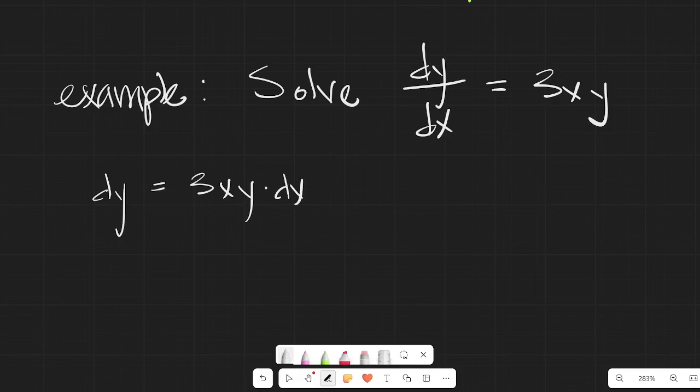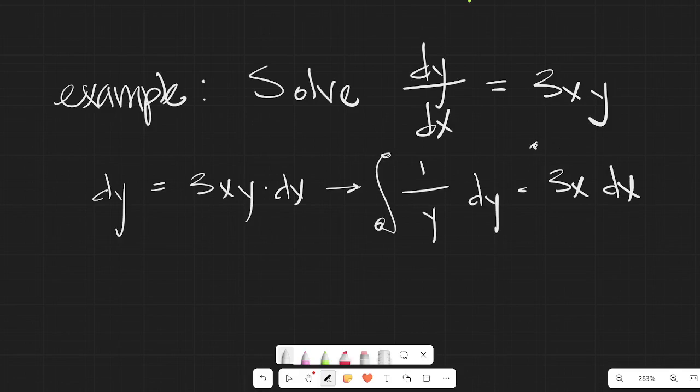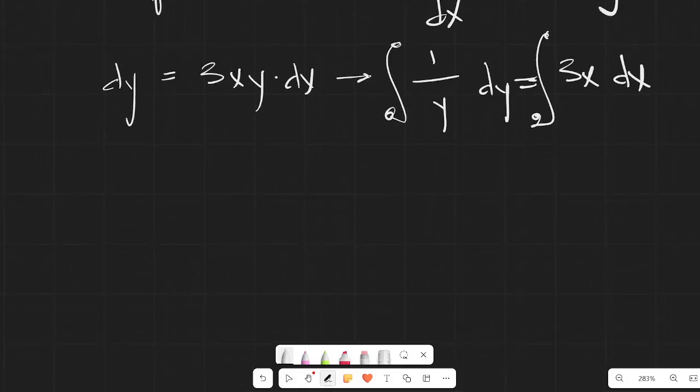Let's now divide through by the y on both sides to get 1 over y times dy equals 3x dx. The next step should be obvious, recognizing that we have expressions that belong in an integrand. So let's integrate both sides of this equation since the integral is a linear operator.